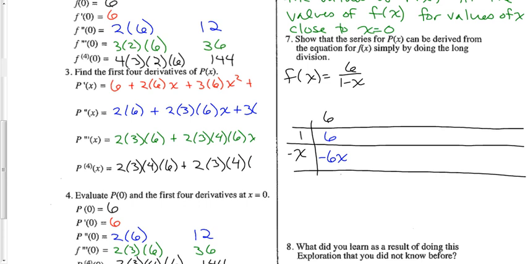So the next term would be a positive 6x because I want these to make a 0. So now I just have a 6 up here, which means down here I'm going to have a negative 6x.